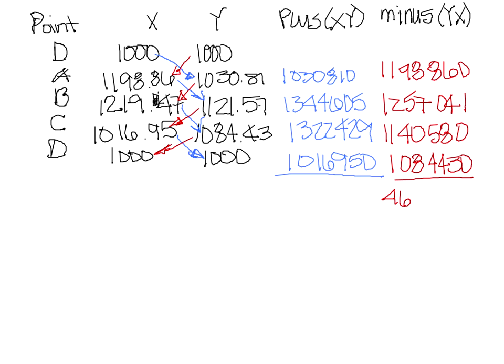So this gives you 4,680,912. Go back to my blue color, there it goes. And this column is going to give you 4,714,795.